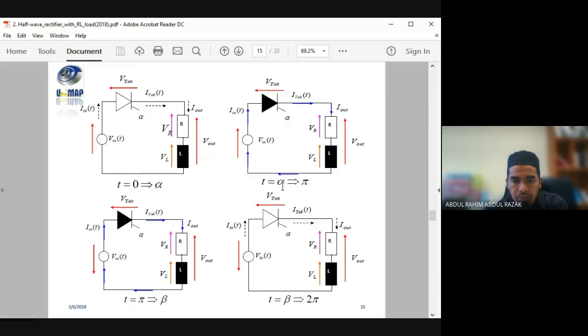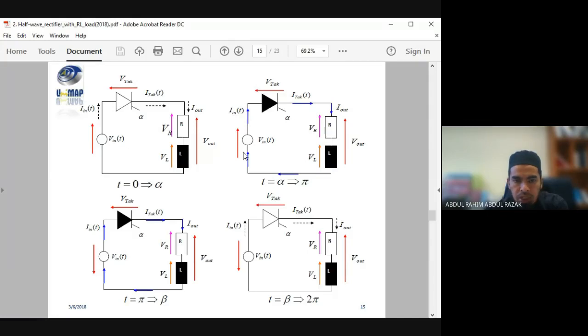Once we trigger, the current will flow into your R and L. Then it will continue to flow up to beta. Once it reaches beta, the current diminishes to 0. Then from beta to 2 pi, the current stops.